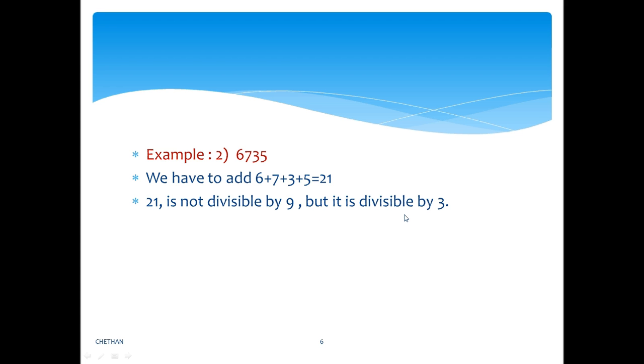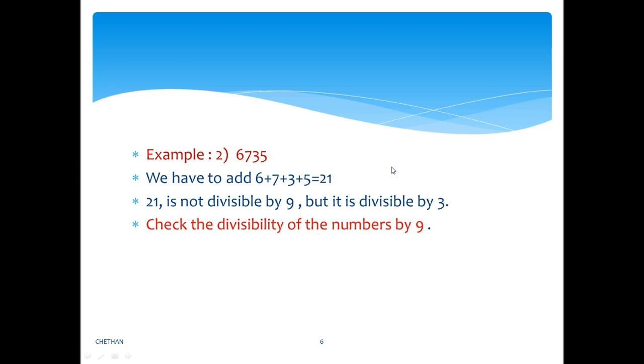This is the concluding statement. Do you understand? There is no condition that a number must be divisible by both 9 and 3. It can be divisible by 3 without being divisible by 9. Do you understand? Yes.